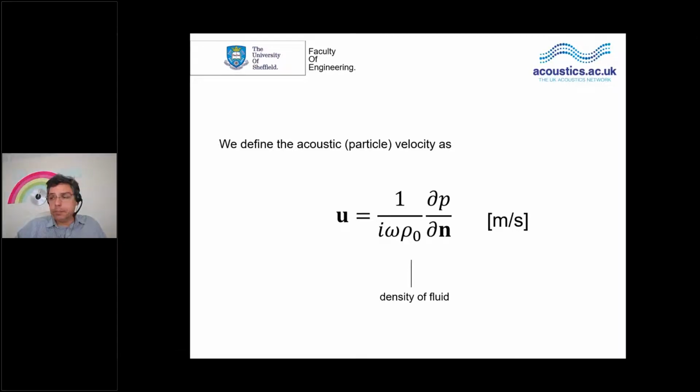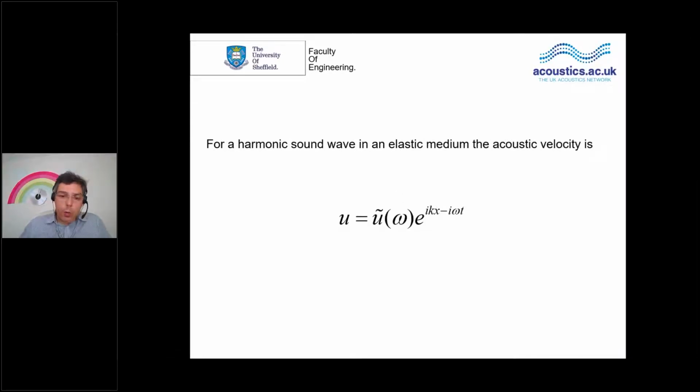And its unit is meters per second. This is not the speed with which sound travels, it's the speed with which particles of fluid or air oscillate when a sound wave disturbs them from equilibrium. So also, like with the pressure, for a harmonic sound wave in an elastic medium, one component of the acoustic velocity is a function of time, frequency, space, and the wave number. It is complex as well, and the complex value of the spectral amplitude can be written here.